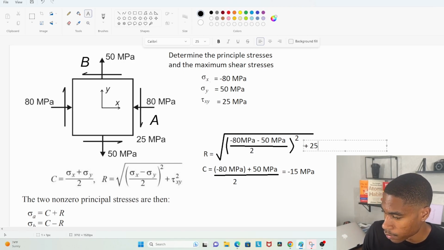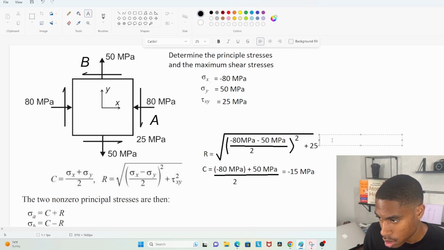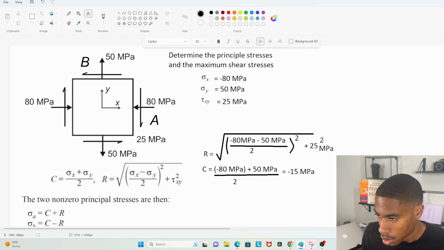Okay, so it's 25, and then we'll square that. Let's get this solved.